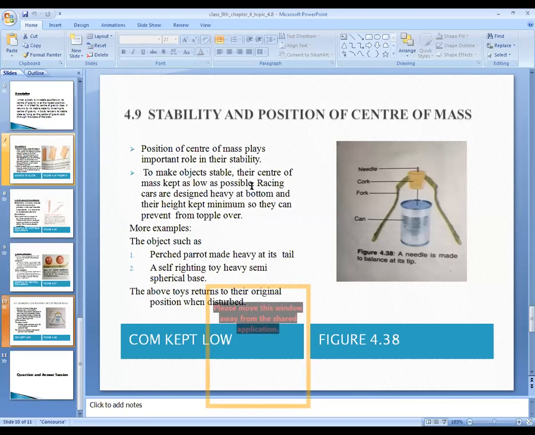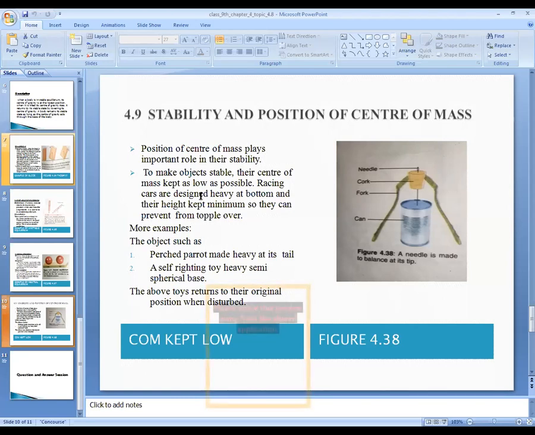They keep the height as low as possible, and they make the bottom part of the cars heavy. They make the bottom part of the car heavy, and they keep the height of the racing car very low. Why?